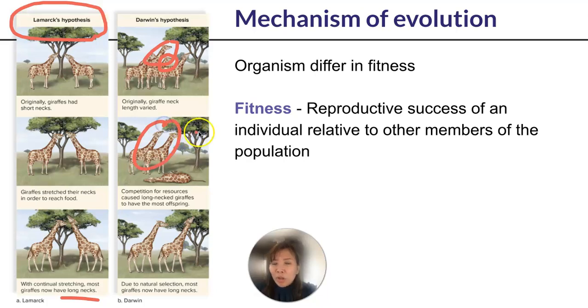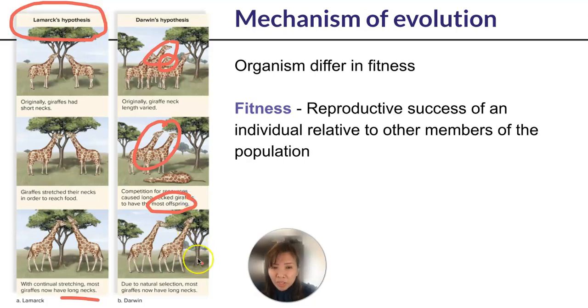So Darwin proposed that because of their longer necks and their ability to adapt better to an environment, the giraffes with the longer necks are more likely to survive. And because they're more likely to survive and be healthy, they're going to produce more offspring.